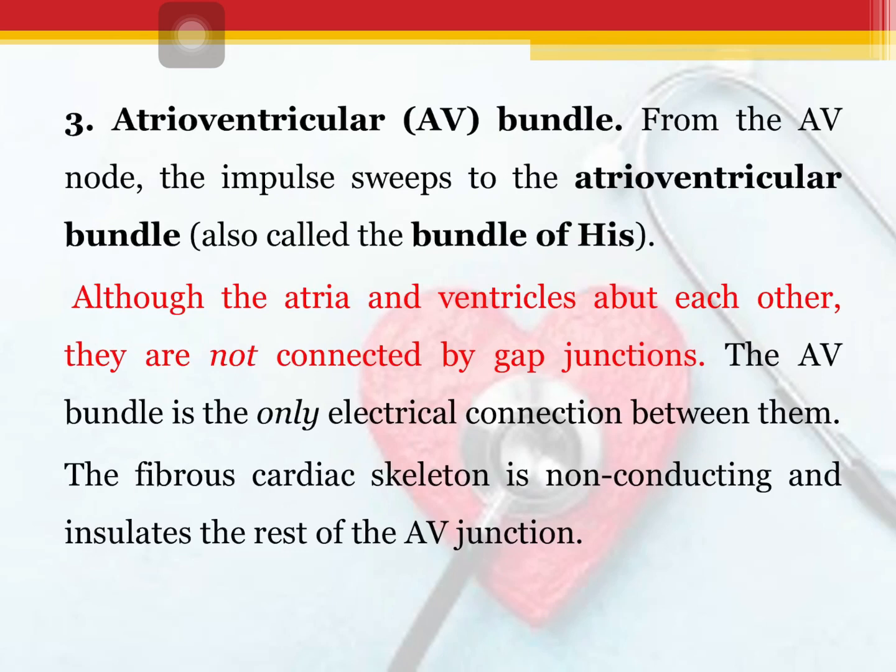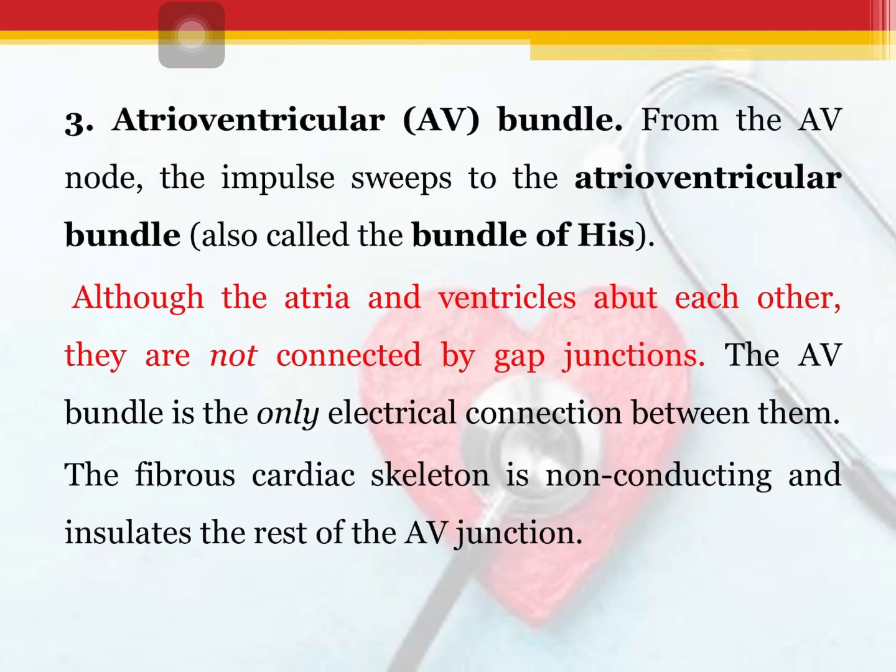Atrioventricular bundle, or bundle of His, sweeps the impulses from the atrioventricular node to the ventricles. So, although the atria and ventricles abut each other, they are not connected by gap junctions.